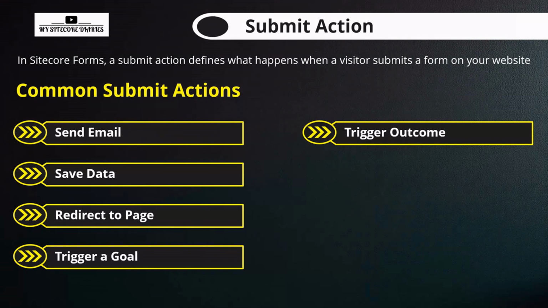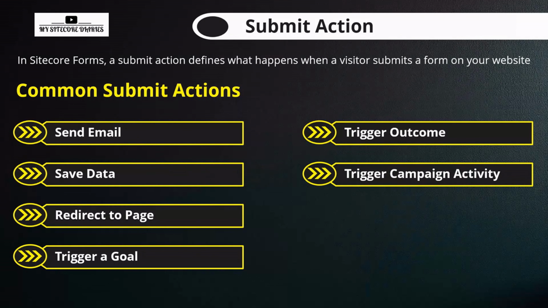Then you have trigger outcome. Trigger outcome is designed to record specific outcomes or events that are valuable to your business. Then you have trigger campaign activity. The trigger campaign activity action helps you to associate a form submission with a marketing campaign for better engagement tracking.